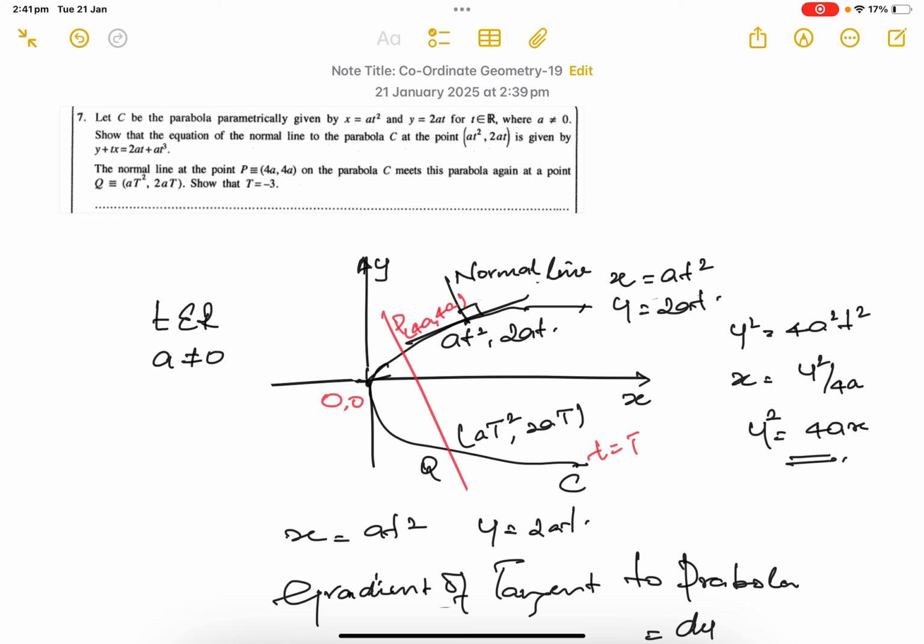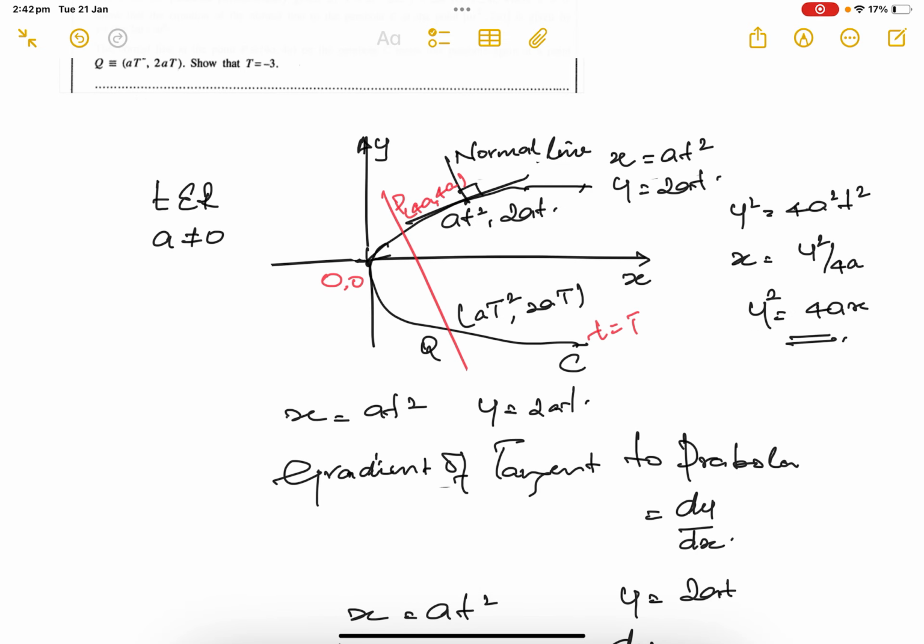If you substitute x for at squared, so x equals at squared, then a squared t is a times x, and we're left with 4, so 4ax. So y squared equals 4ax. This is definitely a parabola, symmetrical about the x-axis. When you do that, it gives you more information. It's symmetrical about the x-axis, and it goes through the origin (0, 0). So that's why the sketch has been done.